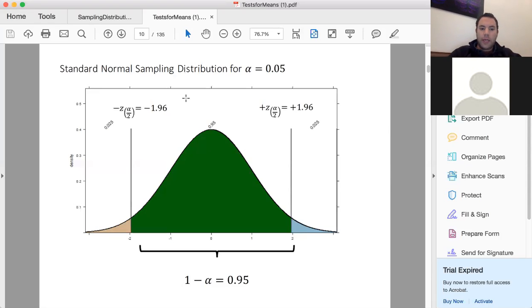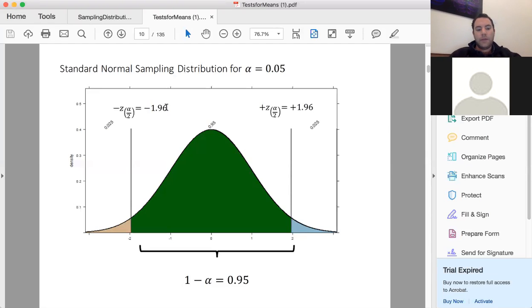However, if your test statistic is more extreme, that is to say that if it's greater than 1.96 or less than negative 1.96, that is a significant result, and you would reject your null hypothesis. And you would conclude with the alternate hypothesis.